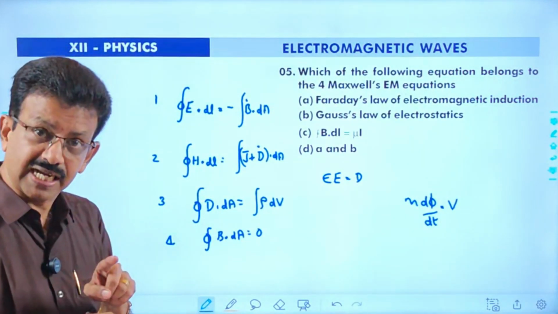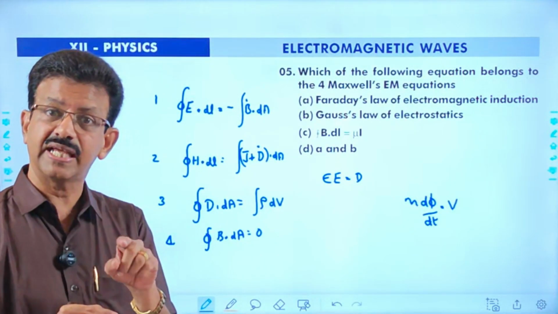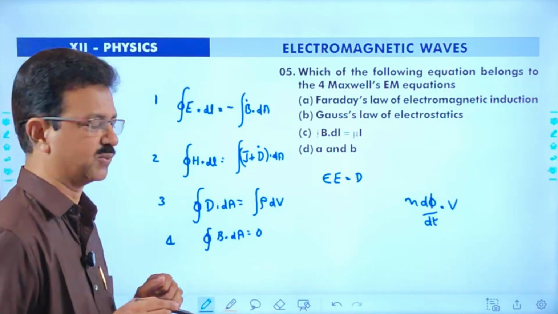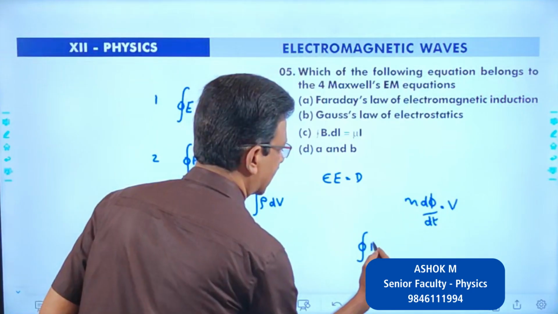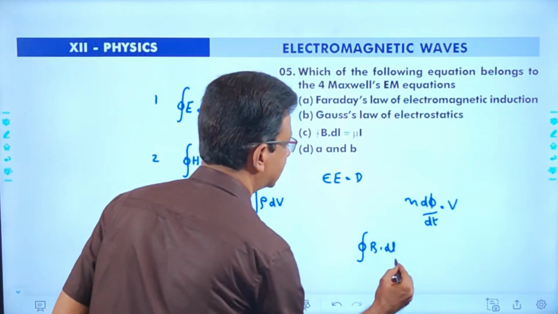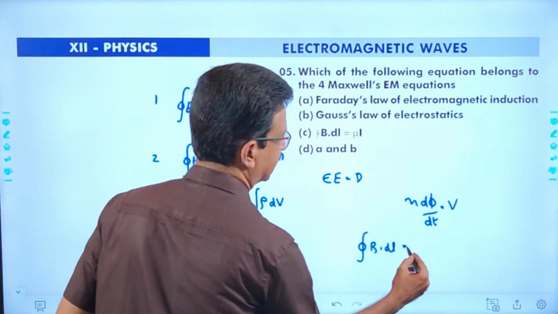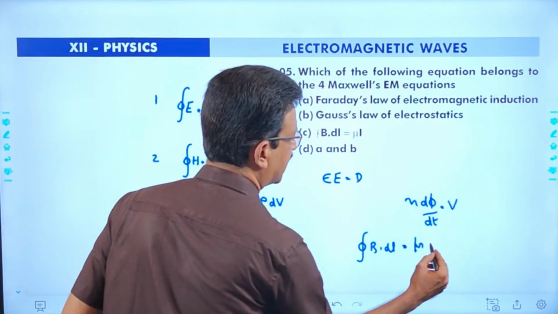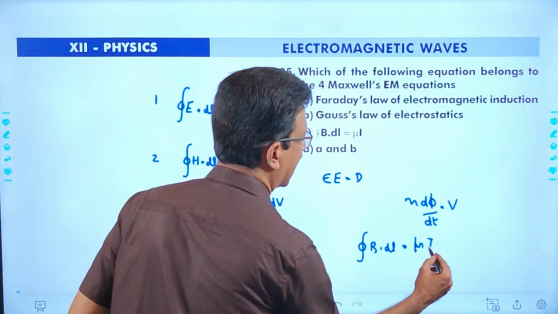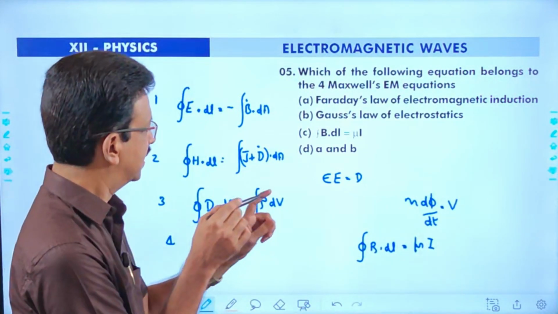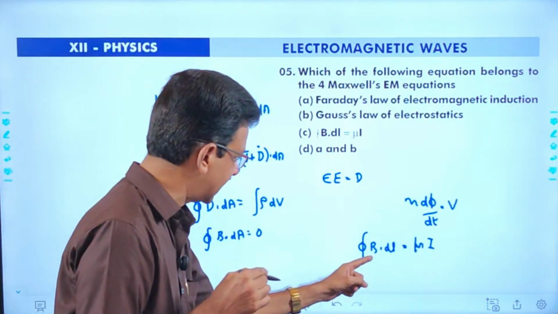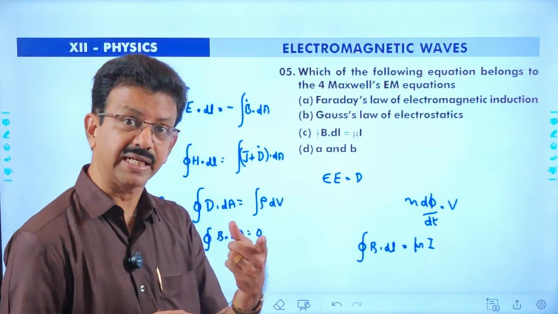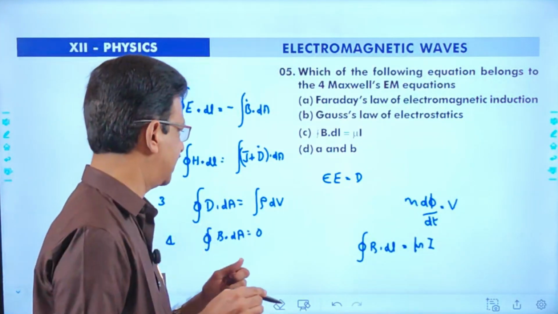Then, for the second equation, Ampere's circuital theorem is slightly modified by Maxwell. Ampere's circuital theorem is closed integral B dot dl, that is line integral of magnetic field, equal to the product of the permeability of the medium and the current enclosed. That is closed integral B dot dl equal to mu I. If mu is taken here, B by mu becomes H, field in ampere per meter.